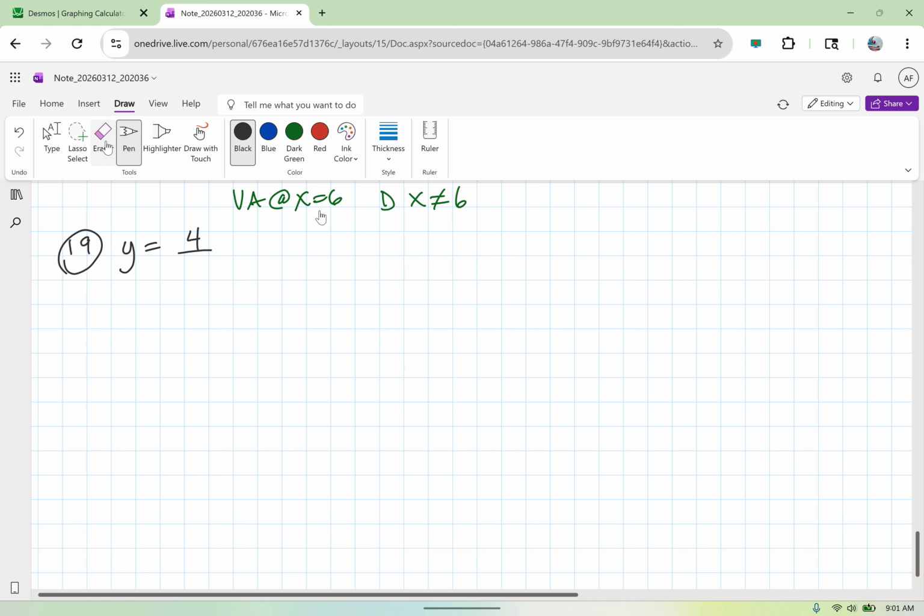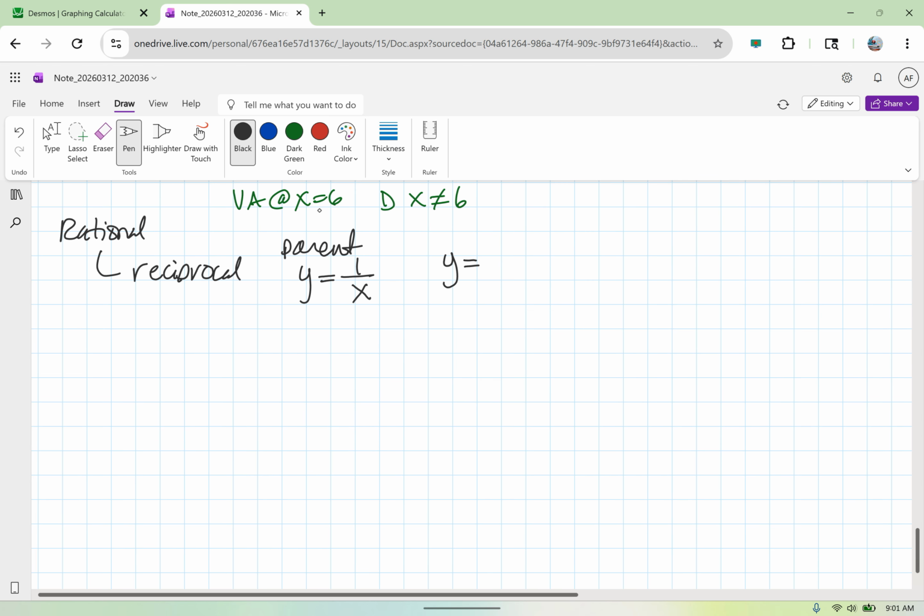Let's do a quick review first. This is rational functions. These are rational functions, but it's a specific type of rational function that is a reciprocal. The parent function is y is equal to 1 over x, and the full equation is y is equal to 1 over x minus h plus k.